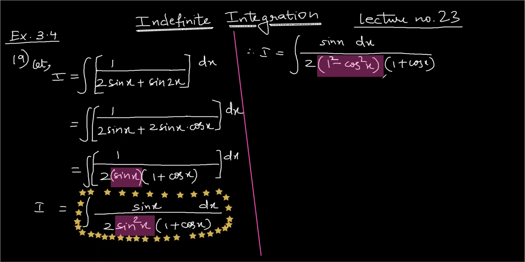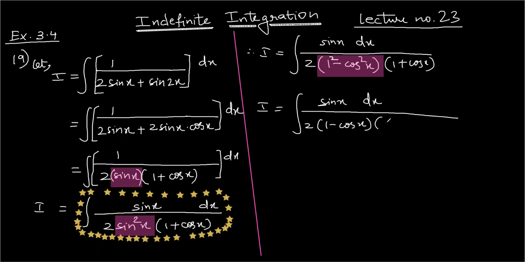So now this is a square minus b square. So I have I equals the integral of sin x dx divided by 2, 1 minus cos x into 1 plus cos x, and this is 1 plus cos x.